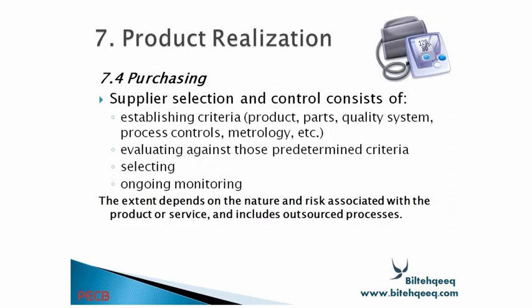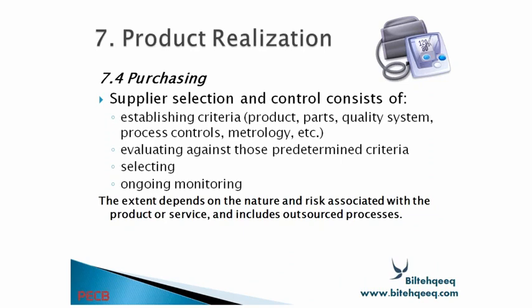The next clause is related to purchasing. It is the same as ISO 9000. Even the clause number is the same, 7.4. Purchasing supplier selection and control consists of establishing criteria, product parts, quality, system process control, methodology, etc., evaluating against those predetermined criteria, selecting, ongoing monitoring.